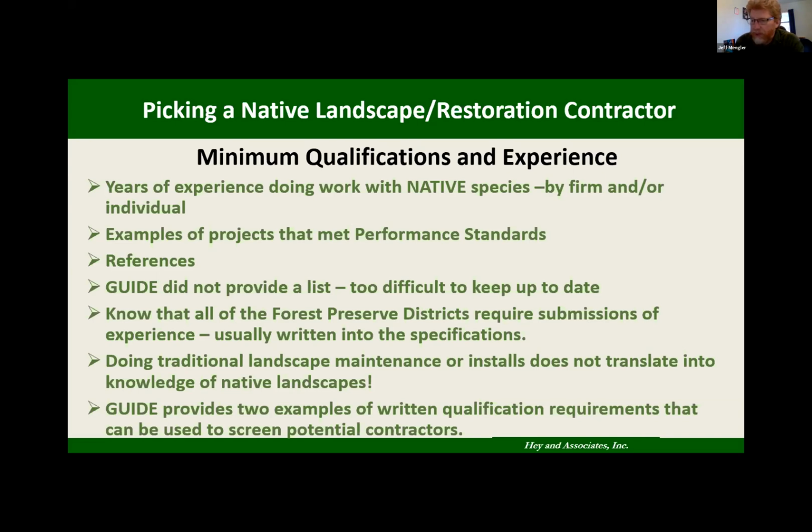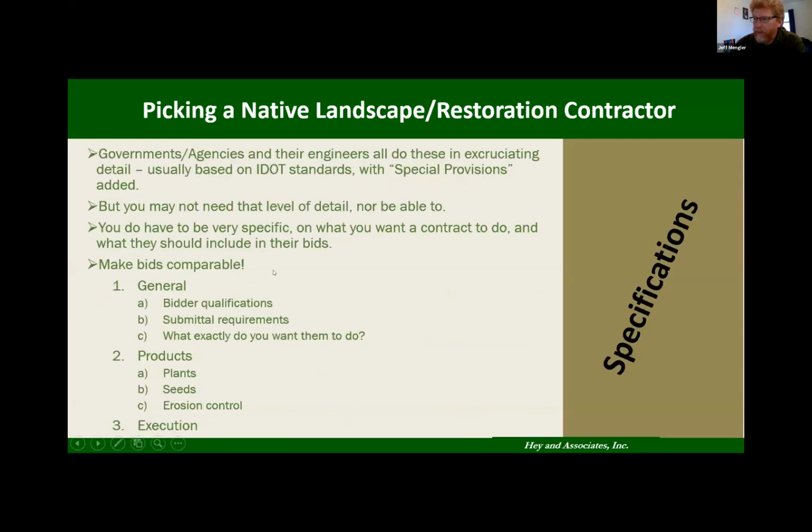So the guidebook does provide two examples of written qualification requirements that you could use to screen potential contractors. And we tried to give examples of all of these things in the guidebook where we could. Specifications is something that, when it's being done more informally by a homeowners association, you're hoping to not get into too much detail.